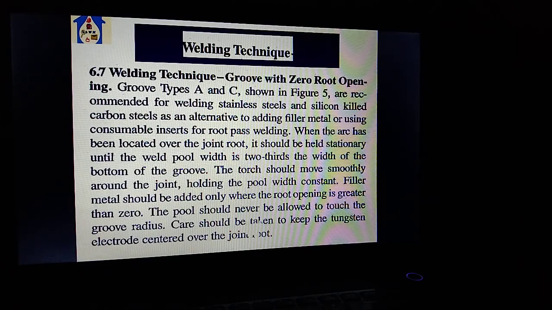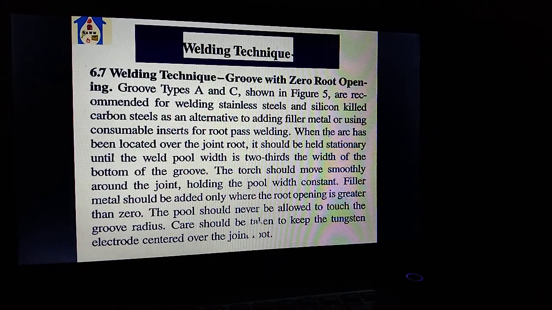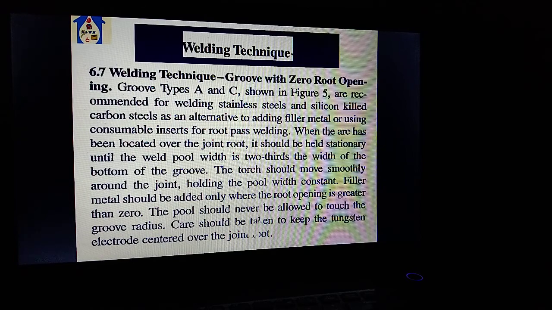When the arc has been located over the joint root, it should be held stationary until the weld pool is the width of two thirds of the bottom of the groove.